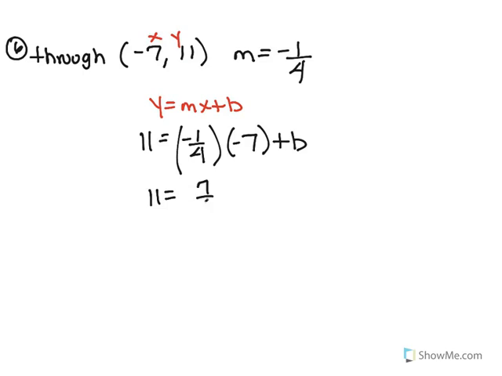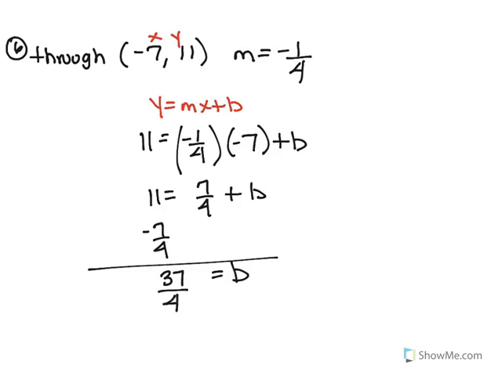Positive what? 7/4? Good. And then what are you going to do with 7/4? Subtract. 37 over 4.